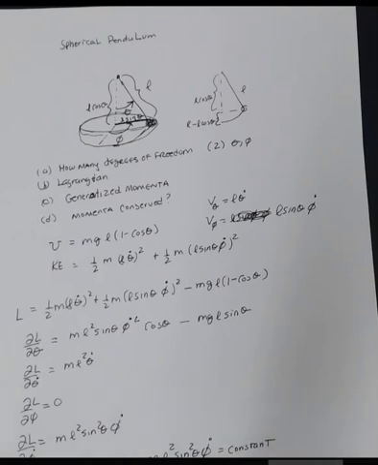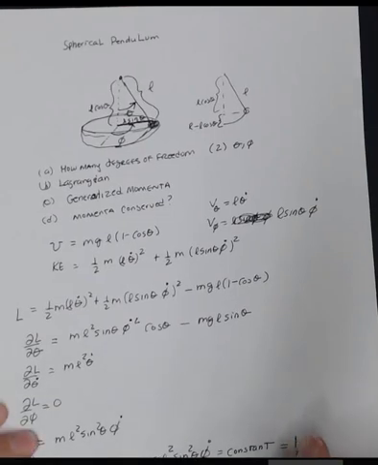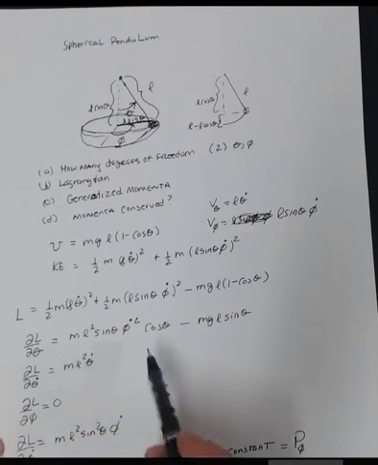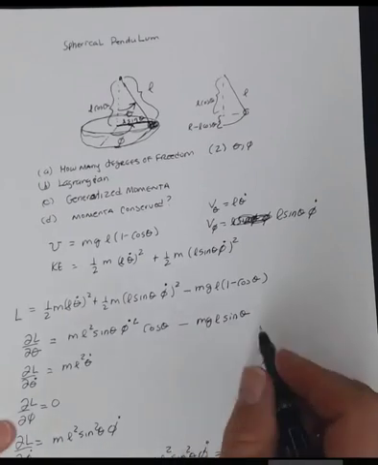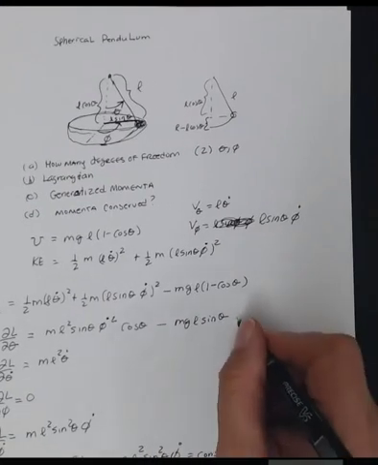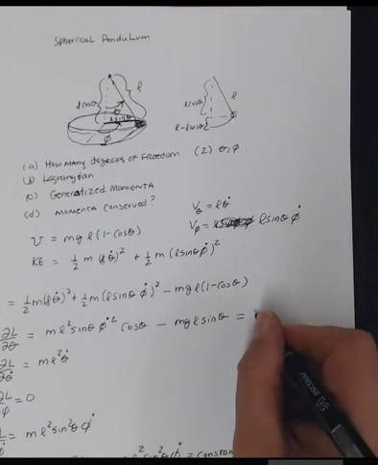And that is our generalized momentum P phi. But since dL d theta is not 0, then this is not a constant.